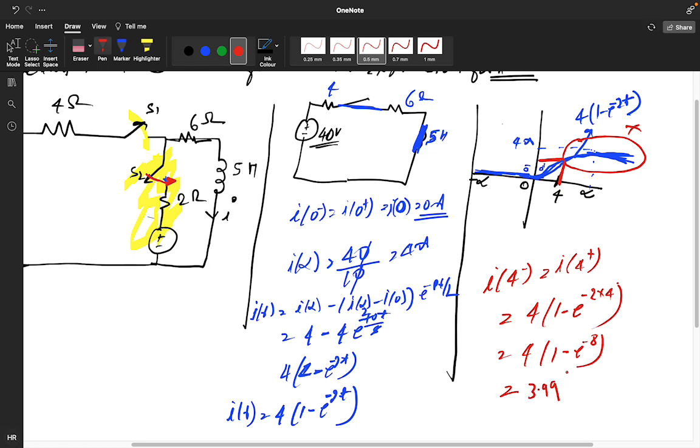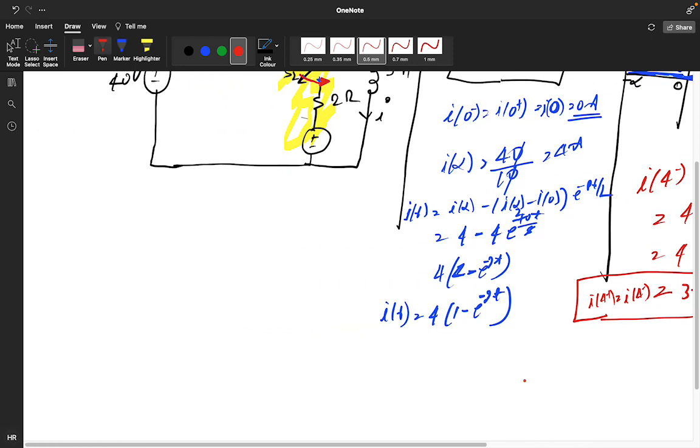That is approximately equal to 4 only. So I of 4 minus we are getting as 3.99 and I of 4 plus we are getting this. So this is becoming for the second switching 0 minus and 0 plus.